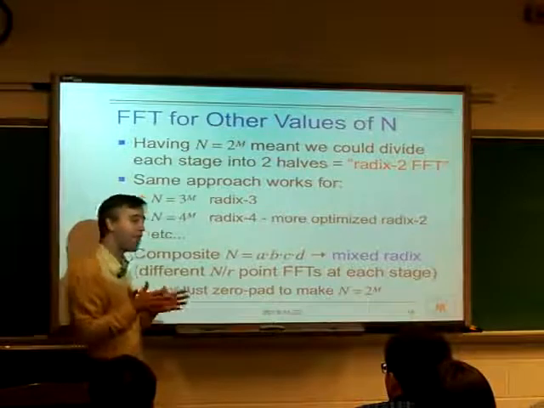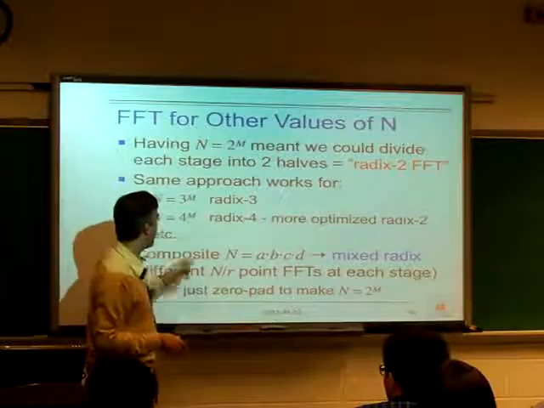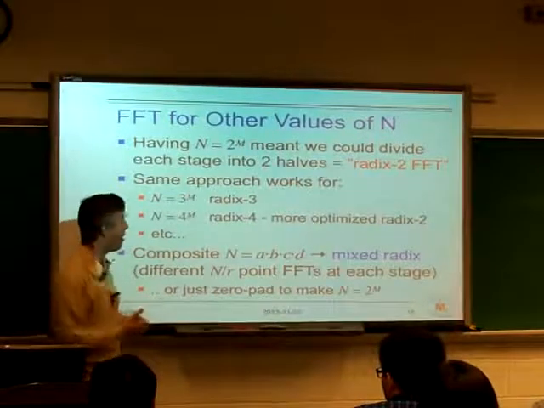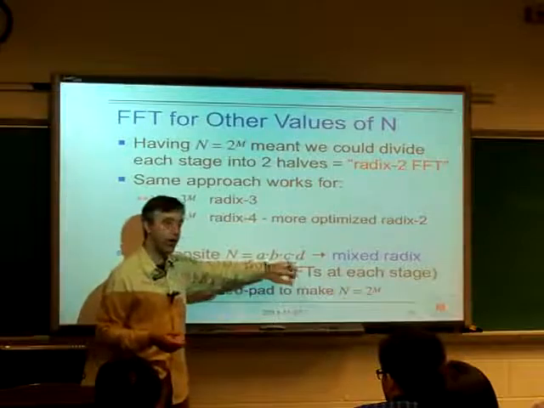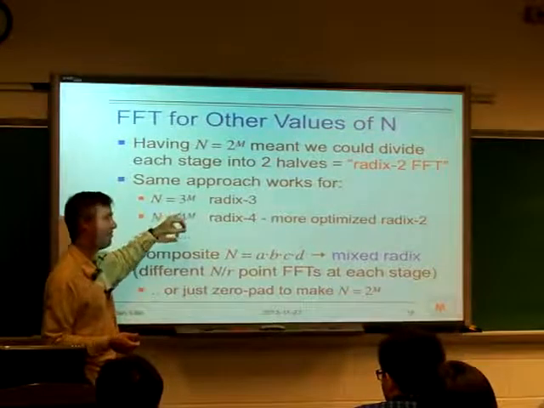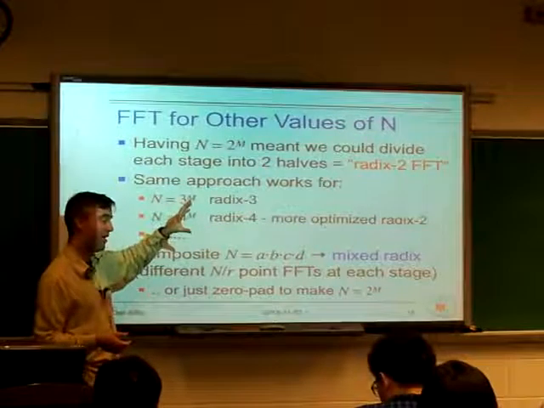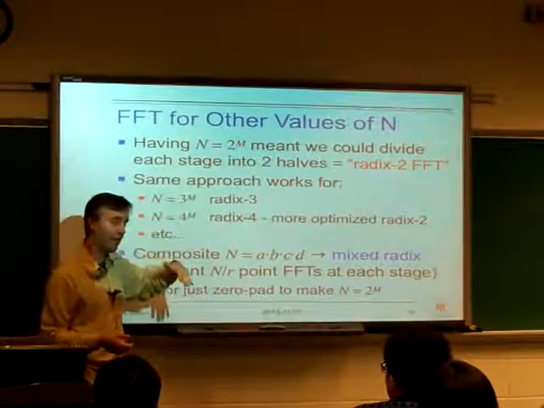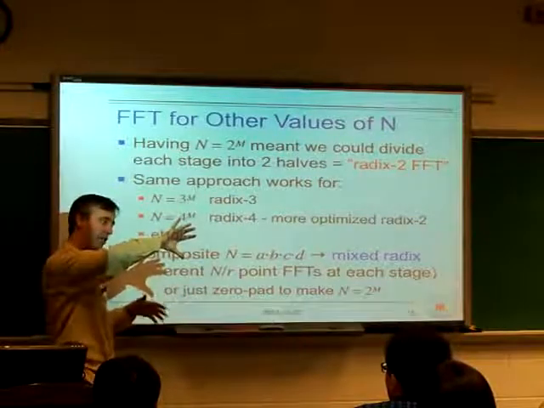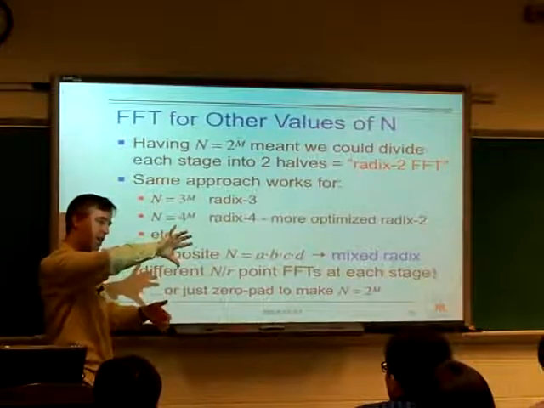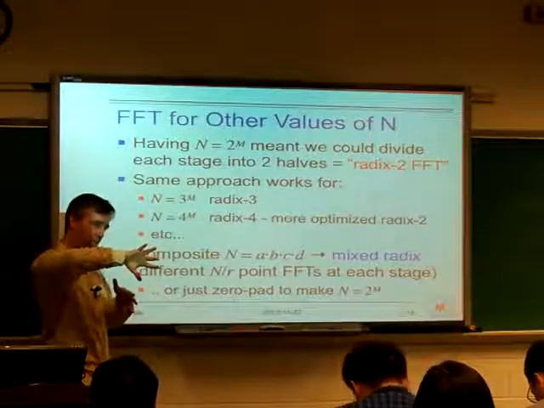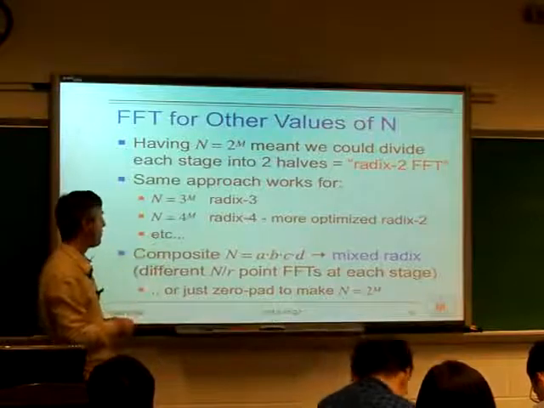If we had a number that wasn't some radix to some power, but let's say we had a composite number as our length. Well, if we've got this way of breaking down a DFT into 3 N/3-point DFTs, we could actually have something where the first stage is breaking it into 2 halves, but then these halves are multiples of 3, so break each of those halves into 3 thirds.